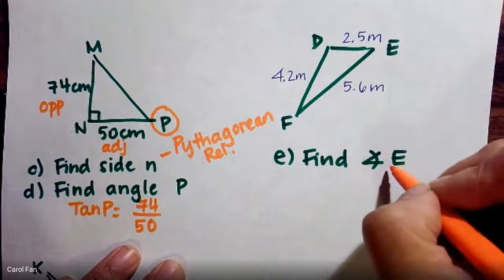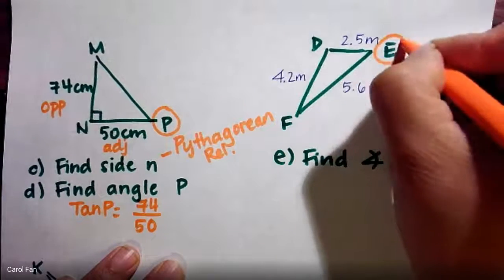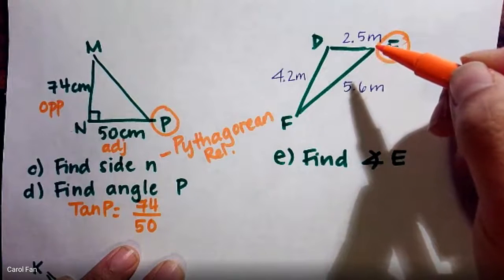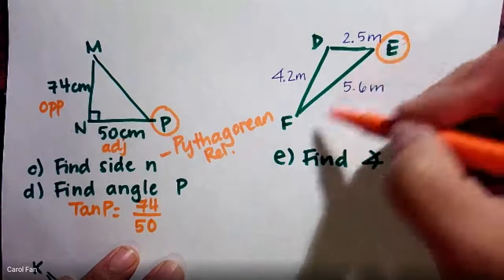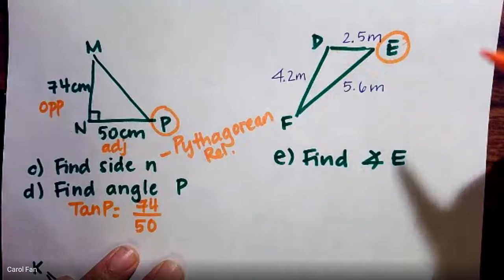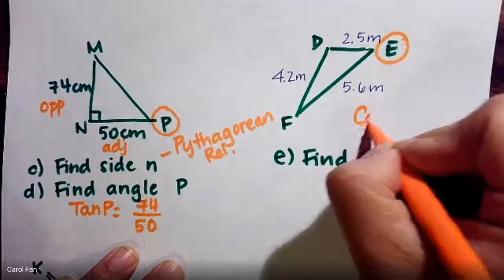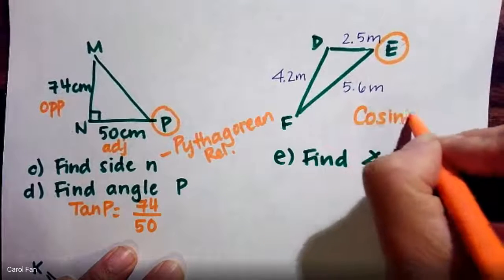Right? Now find angle E. I have no complete side angle pair because there are no angles given. So since there are no angles given, I know that I have to use my cosine law.